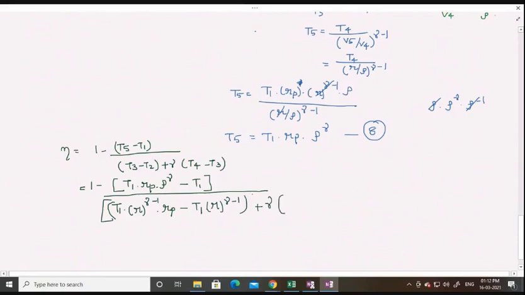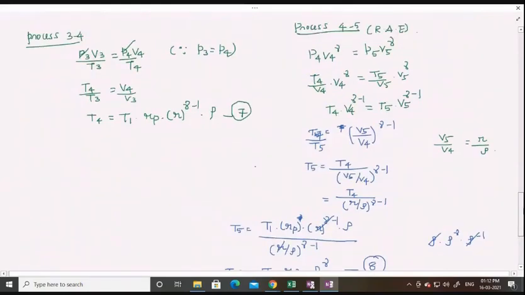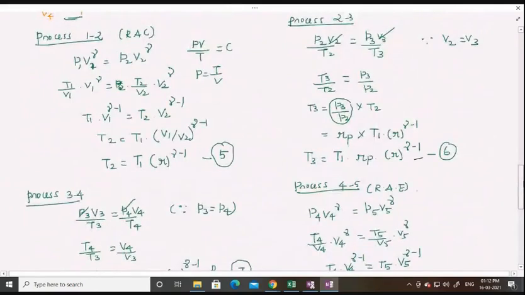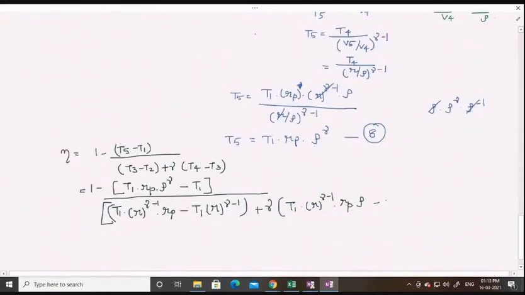You can refer equation number 7: T4 is nothing but T1 into R power gamma minus 1 into Rp into rho, minus T3. And equation number 6, T3 is nothing but T1 into R power gamma minus 1 into Rp.